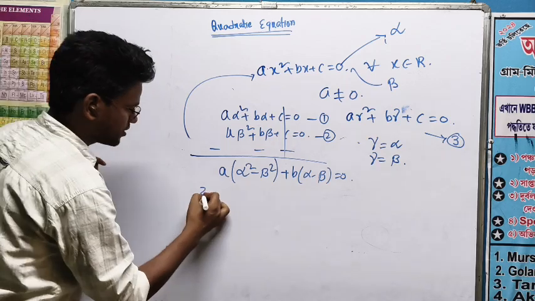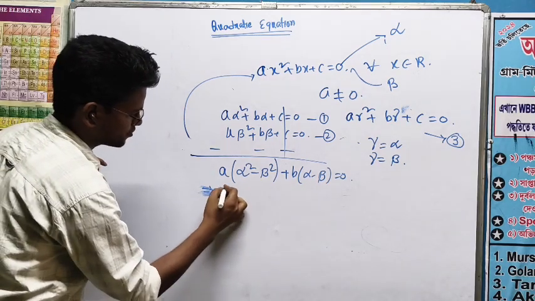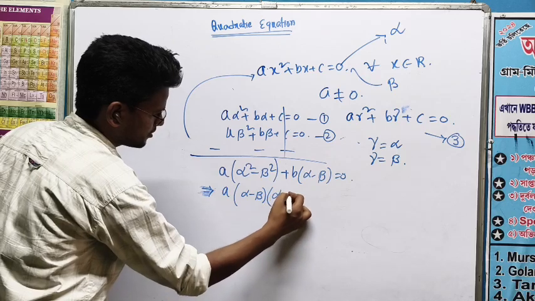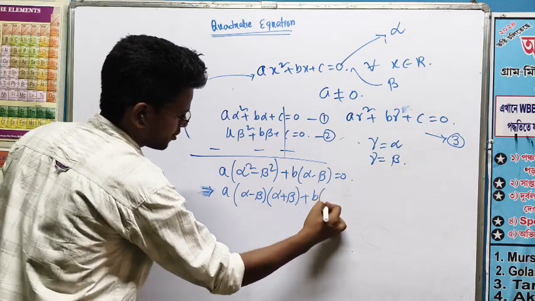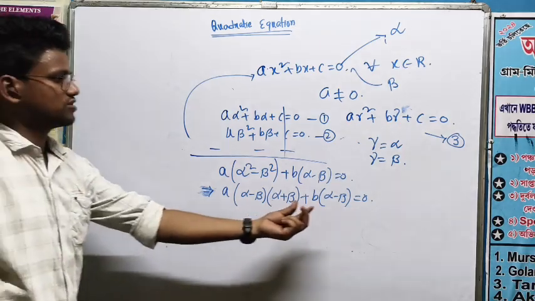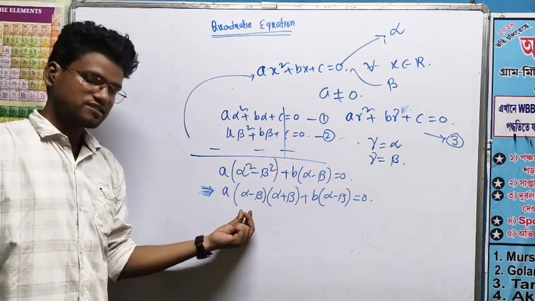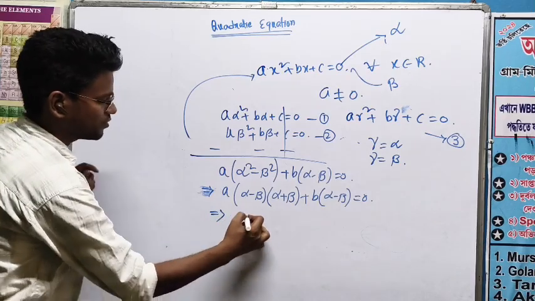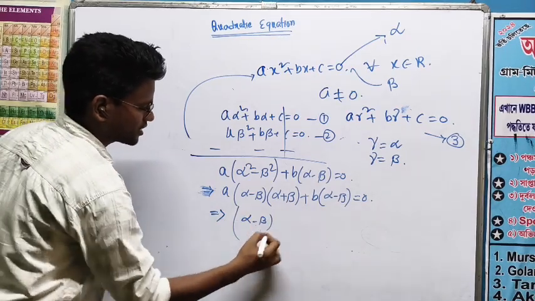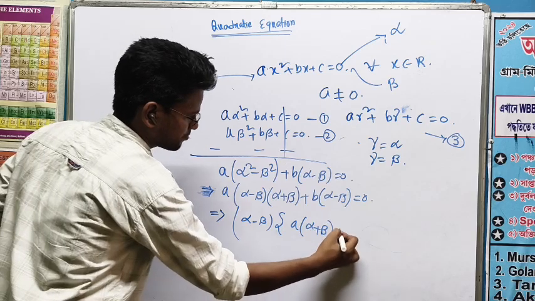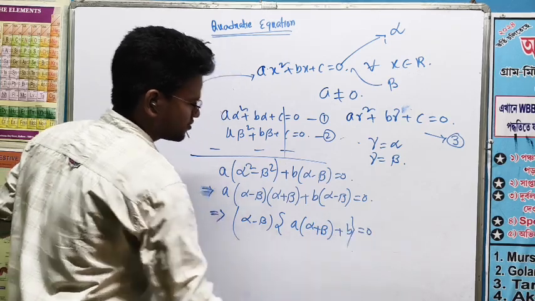So this is a into alpha minus beta into alpha plus beta plus b into alpha minus beta is equal to 0. There is a common factor alpha minus beta, so we take it common: alpha minus beta into a into alpha plus beta plus b is equal to 0.